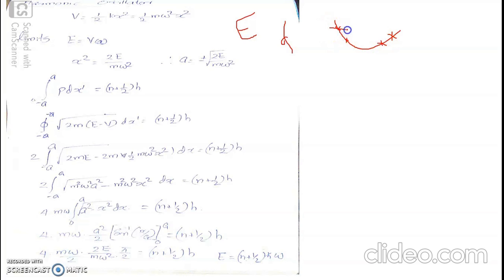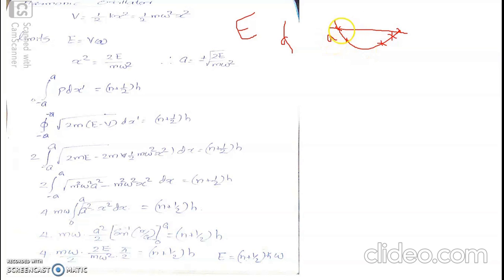And there could be two extreme points where the potential energy will be meeting the total energy, and the displacement corresponding to these points, you call them the amplitude or the maximum amplitude. If you take this as plus A, you will have to take this as minus A, under the assumption that the origin corresponds to the equilibrium position.